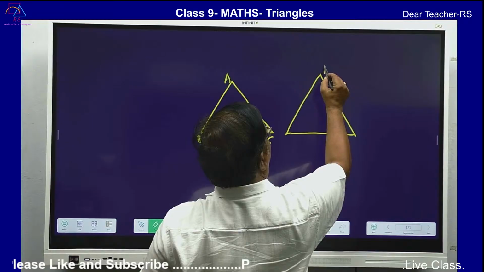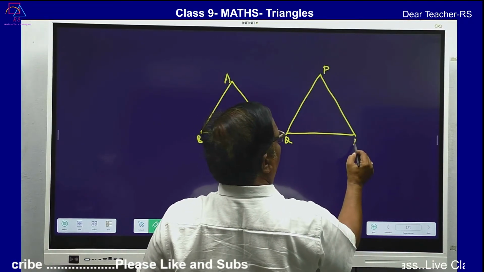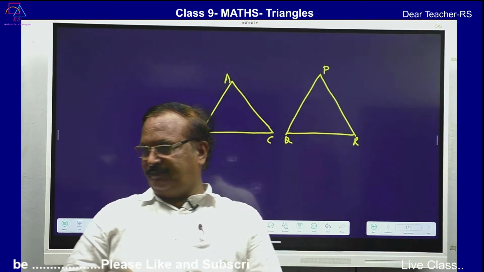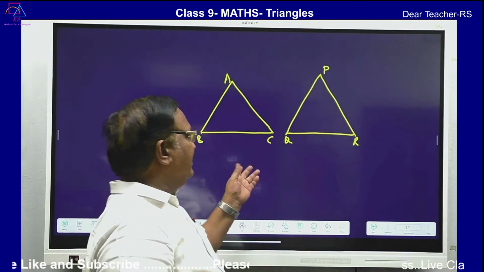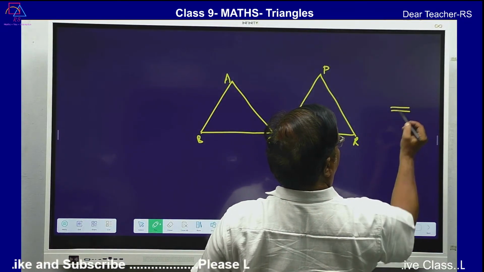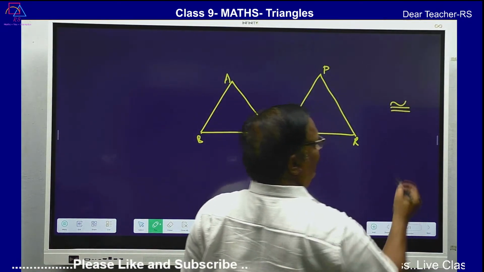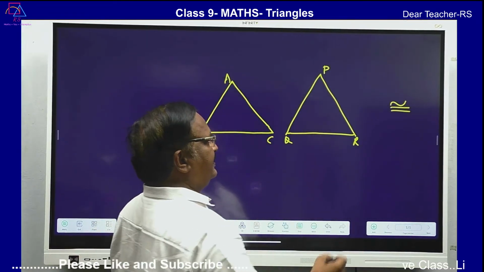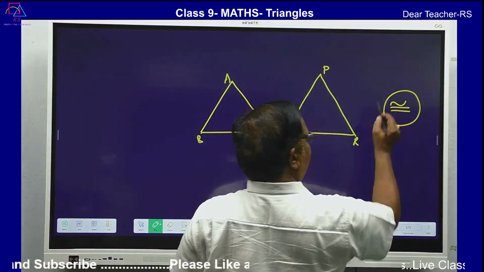Let us say P, Q, R, another triangle. Two triangles are there. When these two triangles are congruent, the symbol for congruent is an equal sign with a stretched S. Okay. So this is the symbol for congruency.